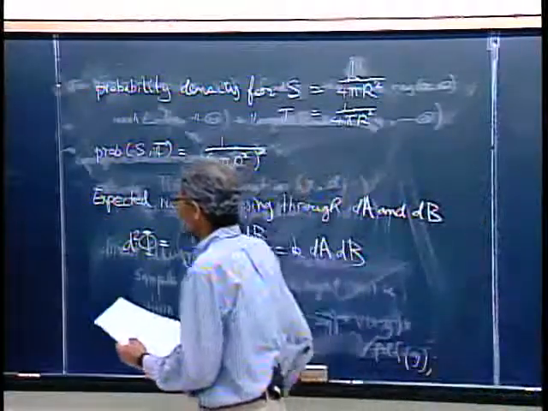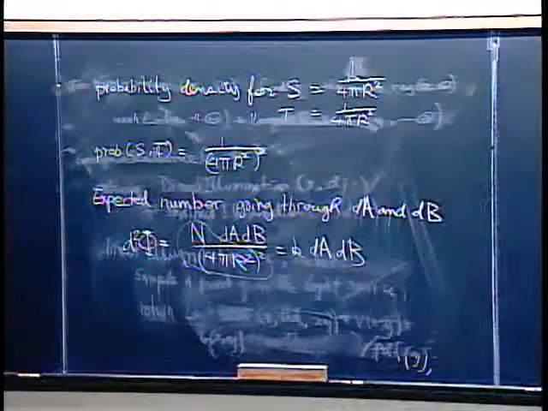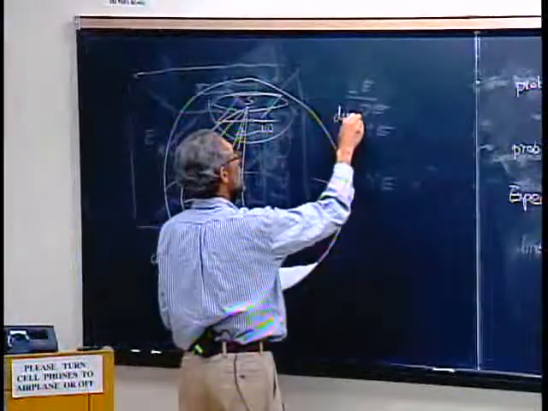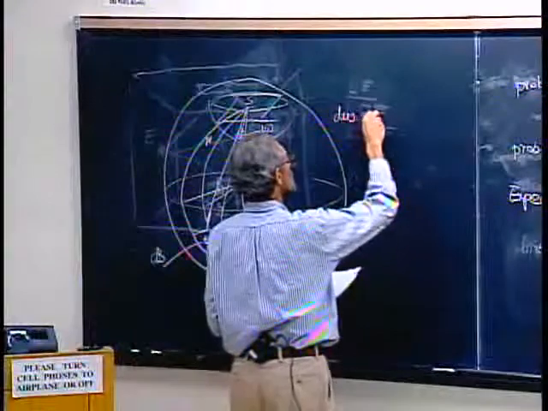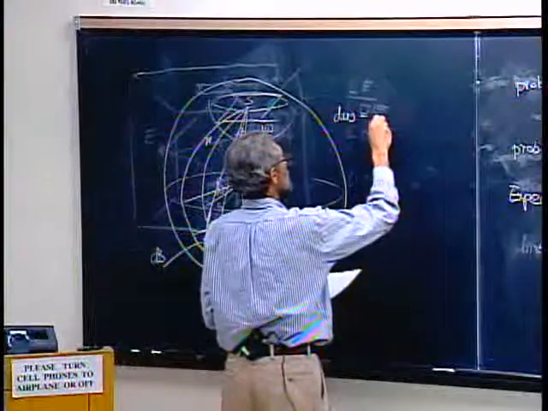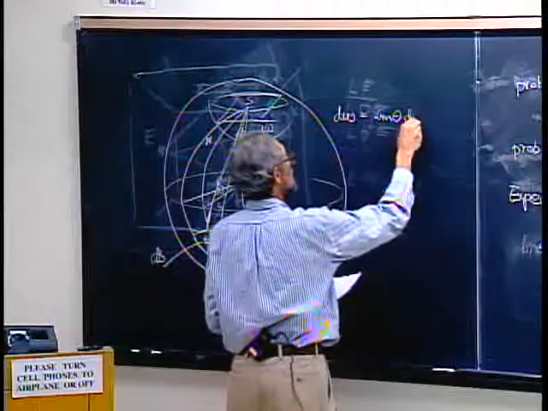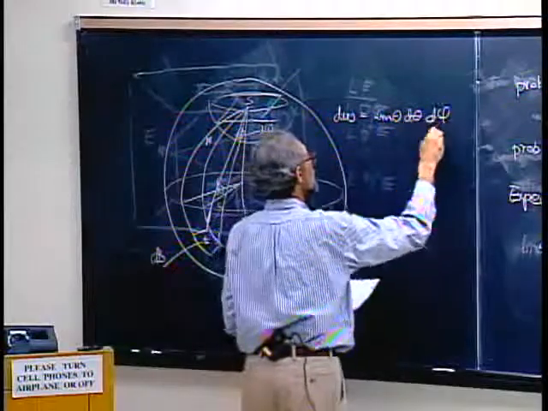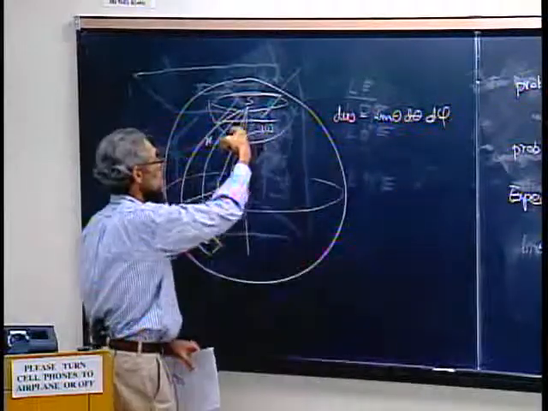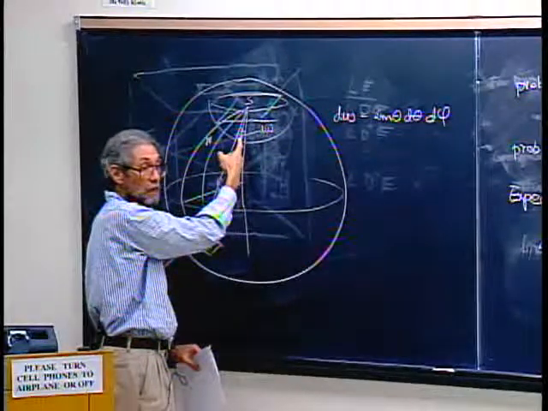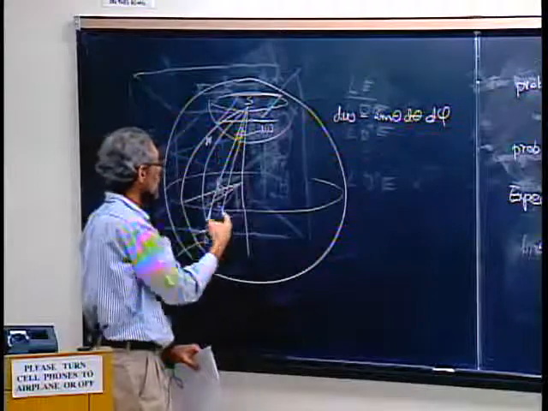Okay, now I want to go back to this picture and figure out if d omega is sine theta d theta d phi. That's a standard scheme of finding a solid angle in this sphere.